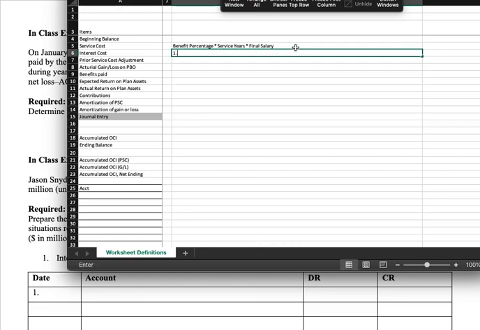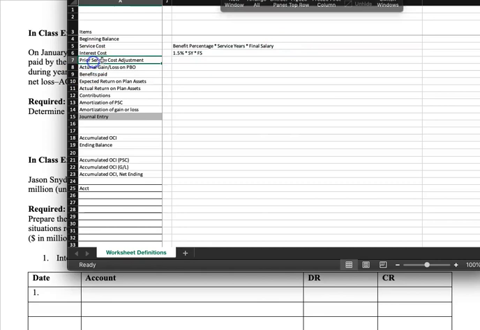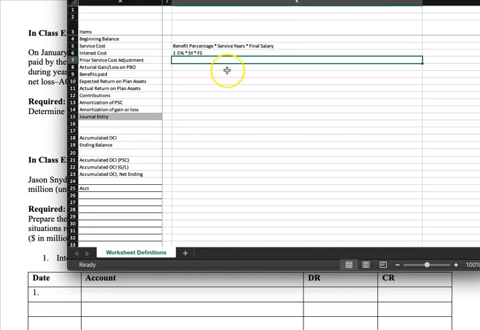So for example, let's say our initial formula is 1.5% times our service years times our final salary. Now, notice how that changes with the PSC. Let's say we make that 1.7% times our service years times our final salary.